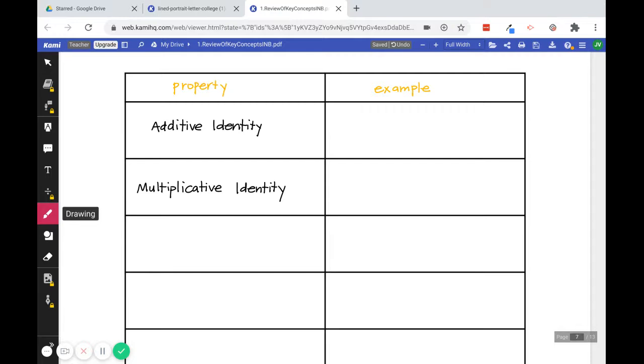So the additive identity is 0, and the multiplicative identity is 1. Here's why. If I pick a number and I add 0 to it, I get the original number back. Same with a variable. If I have x plus 0, it's still x. With the multiplicative identity, if I multiply with 1, I get the same number back.